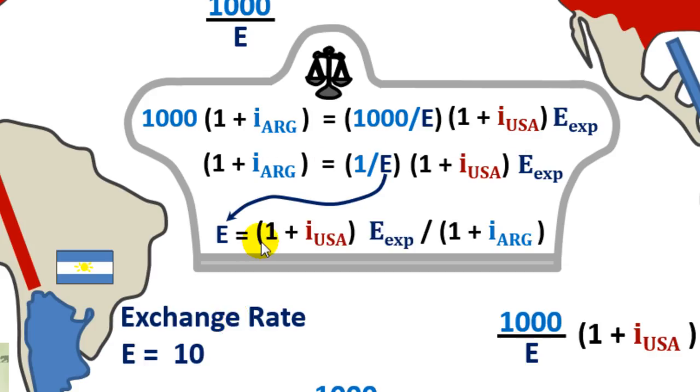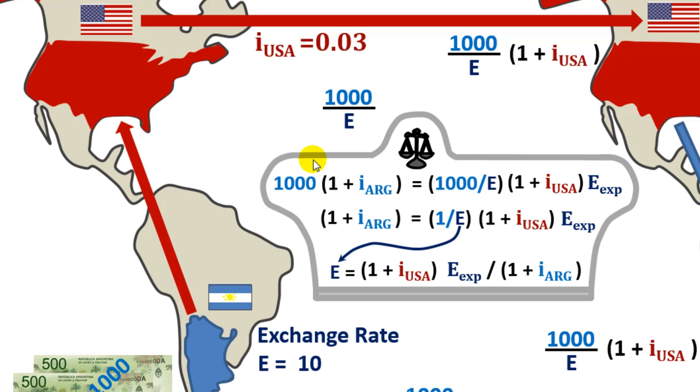Then we get this expression that tells us how the interest abroad, in this case in the United States, the exchange rate that we expect to have in 1 year, and the interest rate in Argentina, in general the local interest rate, affect or put pressure on the current exchange rate. So if the interest rate abroad goes up, then the exchange rate here goes up as well.